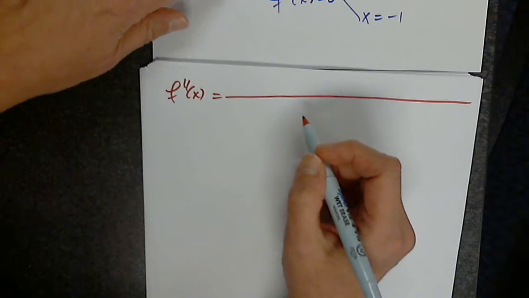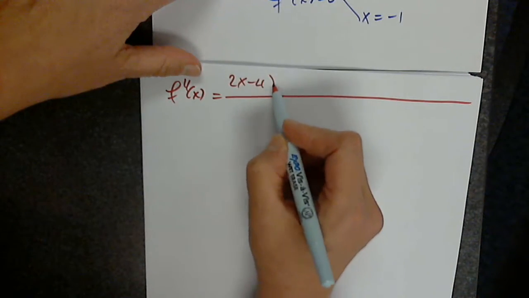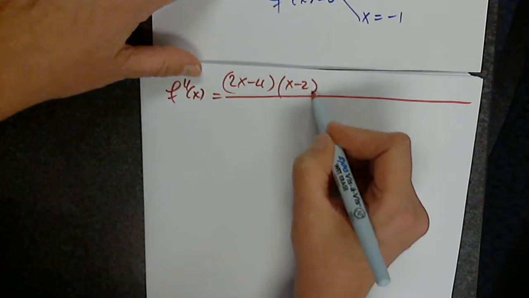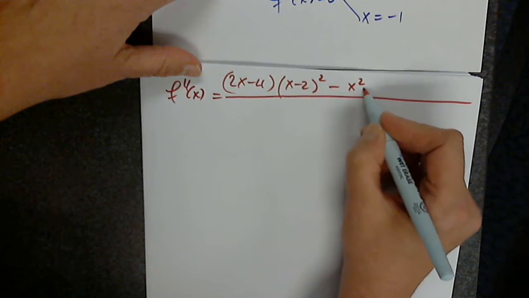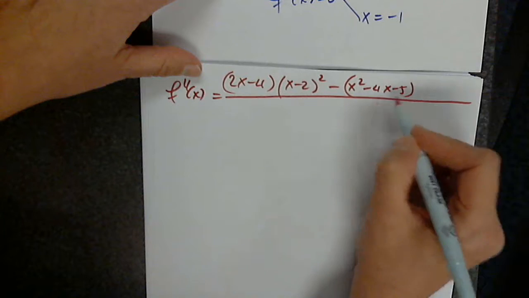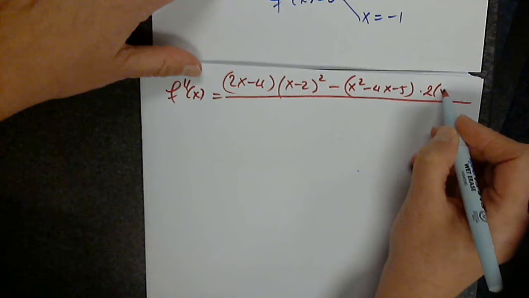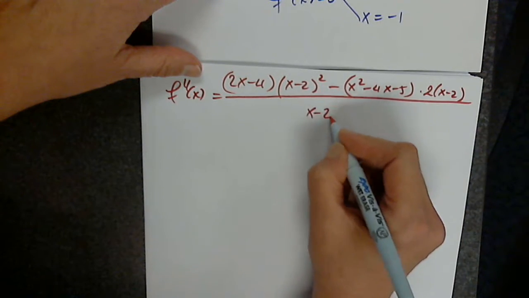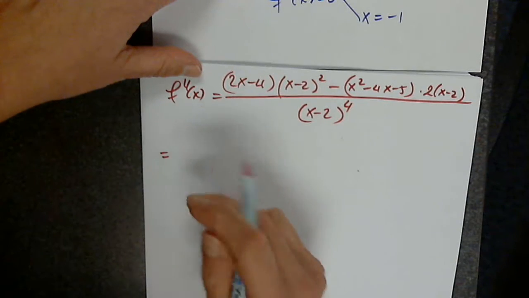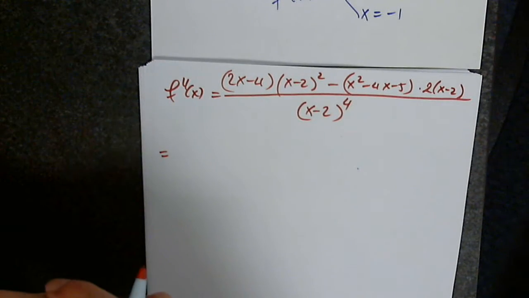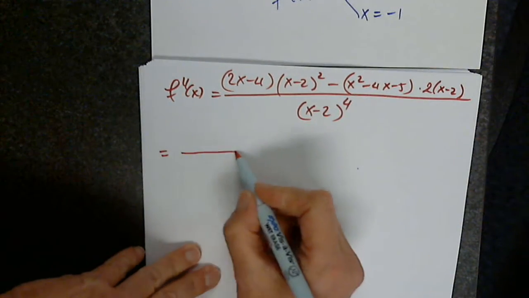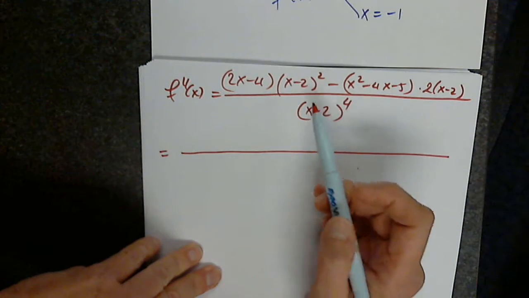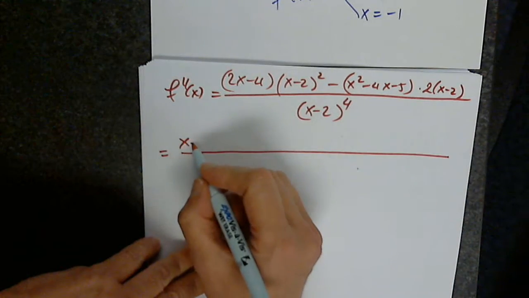The top prime: 2x minus 4, x minus 2 squared, minus x squared minus 4x minus 5 times 2 times x minus 2, over x minus 2 to the fourth. One more time, the key word is factor. At least an x minus 2 is out.